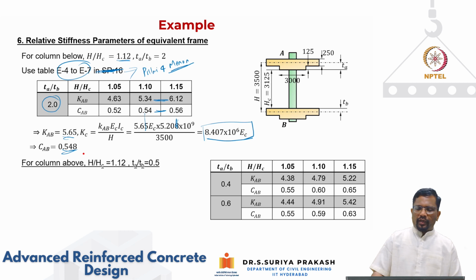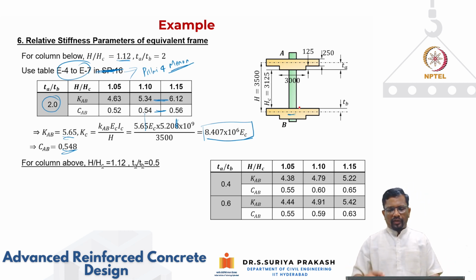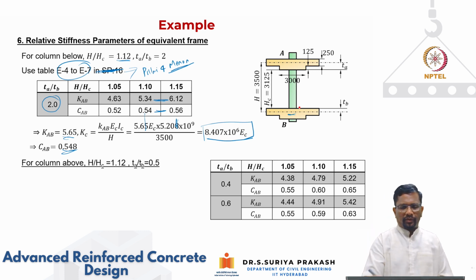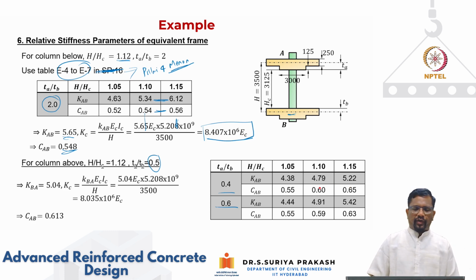And similarly, we do that for the column below also for this support. Now, when you look at it, the ta by tb value will be the reverse, which is going to be equal to 0.5, 1 by 2. So again, we go back and use these values between 0.4 and 0.6. If you take this double interpolation, then you find that the KBA value is 5.04.